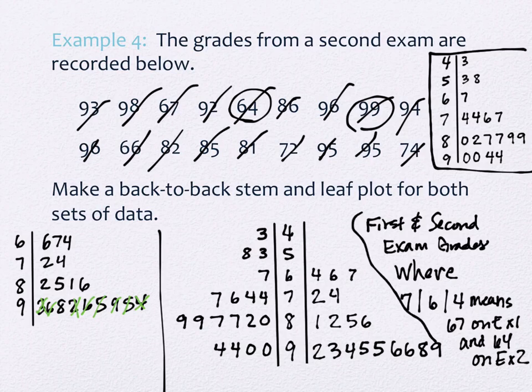Sorry, all this is running into things because I'm running out of space. But this is my description. So do you see what I mean about the necessity of writing these pieces out? Those vertical lines changed things. Some of them moved to the left and some of them moved to the right to give me an exam value now. So I have a 67 on exam 1, 64 on exam 2.